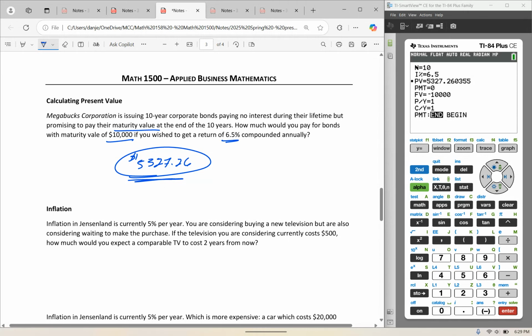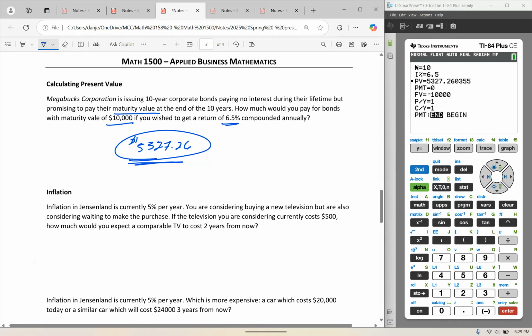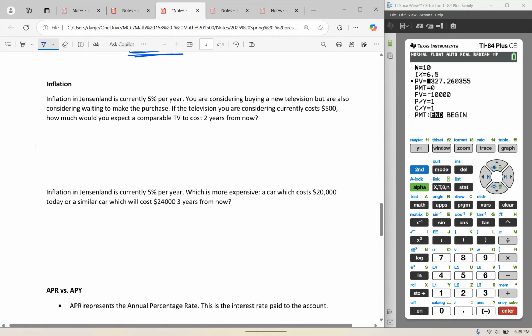Okay. Now, a lot of things can be looked at using the TVM solver, even though it may not seem like an investment. Inflation in Jensen land, yes, it's a mysterious place, is currently 5% per year. I'm considering buying a new television, but I'm also considering waiting to make the purchase.